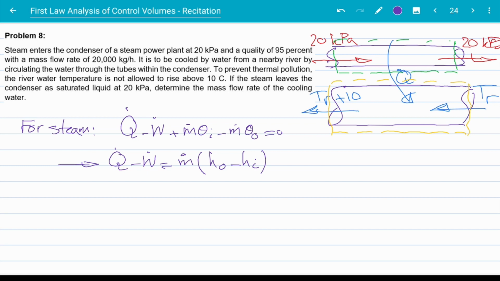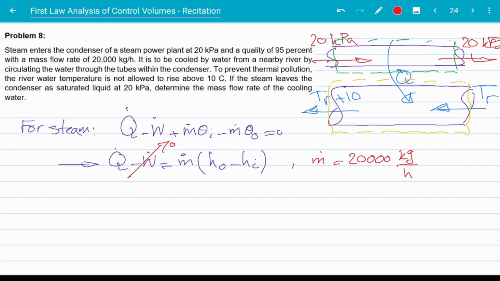So considering all that, we get the final equation in the form of Q dot minus W dot is m dot times enthalpy of the exit minus enthalpy of the entrance. Now inside this pipe, there's no work involved. I can drop W. I need to find m dot first. It is given as 20,000 kilograms per hour.